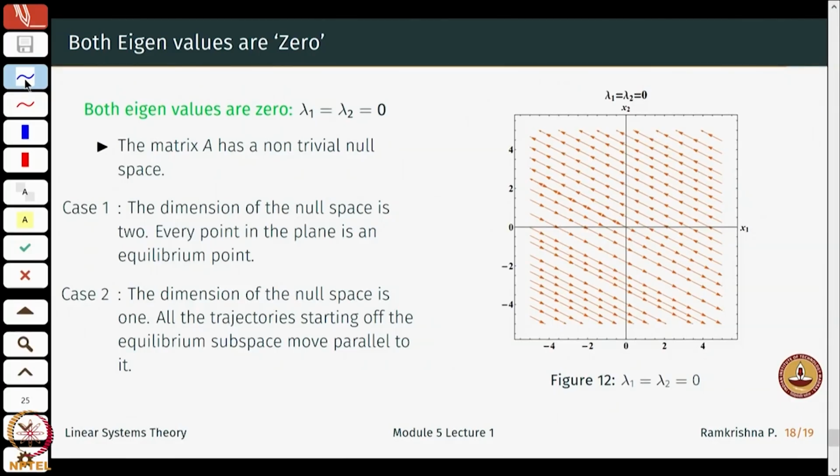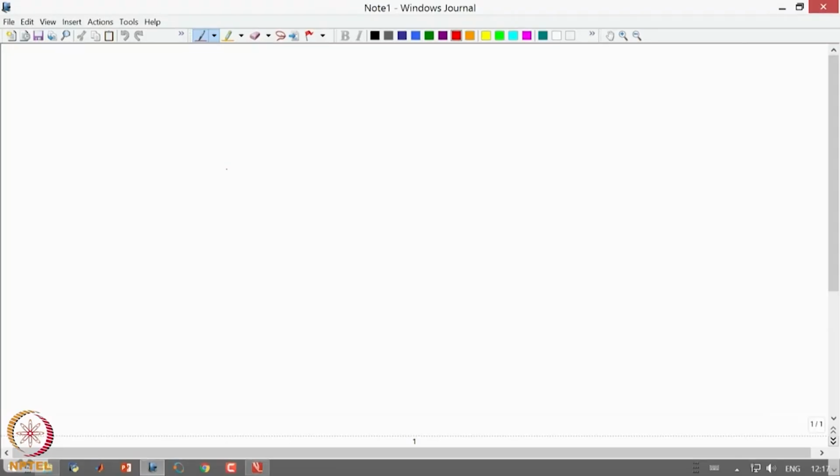The last case that we will look at is when both the eigenvalues are 0. It is not surprising that the A matrix will still have a non-trivial null space. In this case, when both eigenvalues lambda 1 and lambda 2 are equal to 0, we can potentially look at two cases.